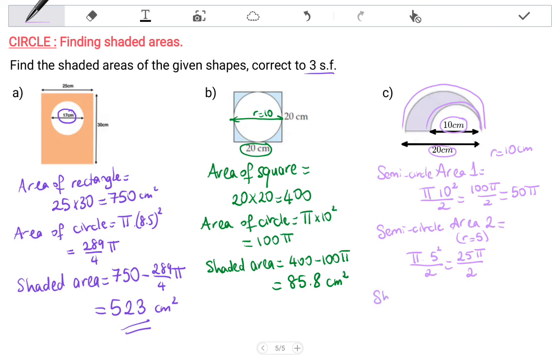And for the shaded area, I'm going to do 50 pi minus 25 pi over 2 to get the answer.